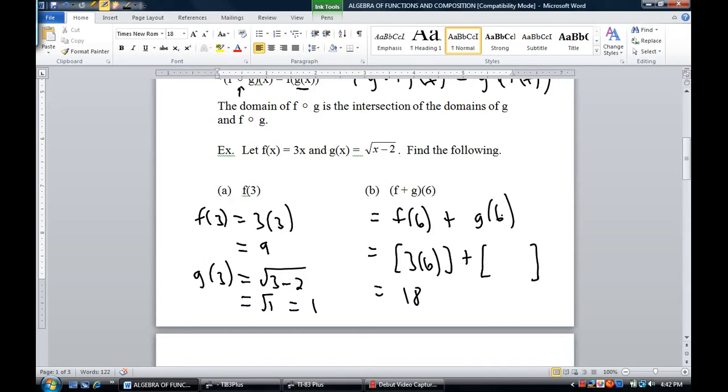So we replace the x with the 6. The square root of 6 minus 2 is the square root of 4. So the square root of 4 is 2, and then 18 plus 2 is 20. So we're saying that f plus g of 6 is equal to 20.